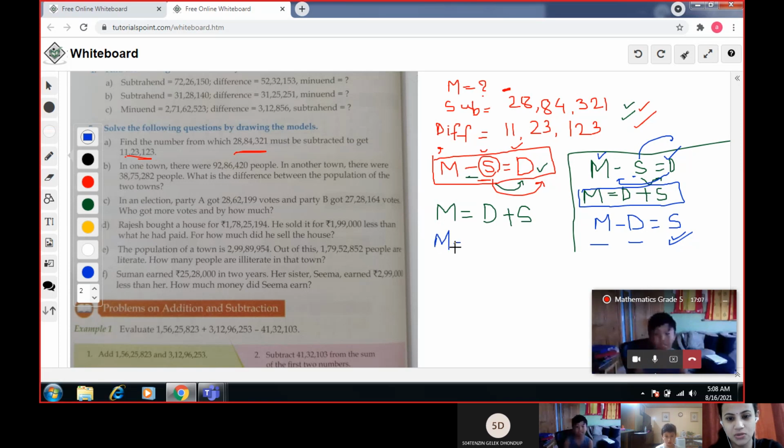So M equals D, which is given. What is D? D is 1,23,123. And plus S. The subtrahend is also given.